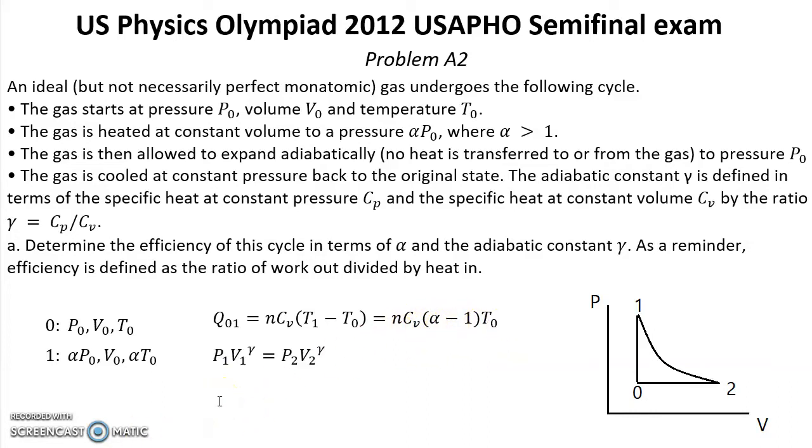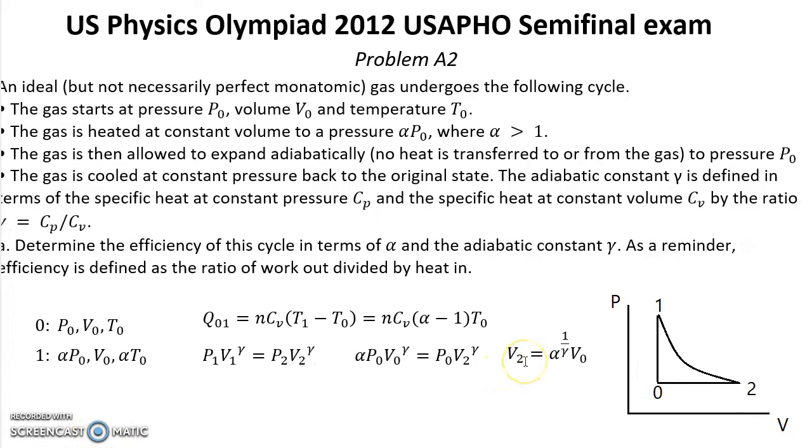After that, using formula for adiabatic expansion, connecting pressure and the volume, we can find what is volume in point 2 using this formula. We can use known numbers alpha P0 for P1 and find what is V2.